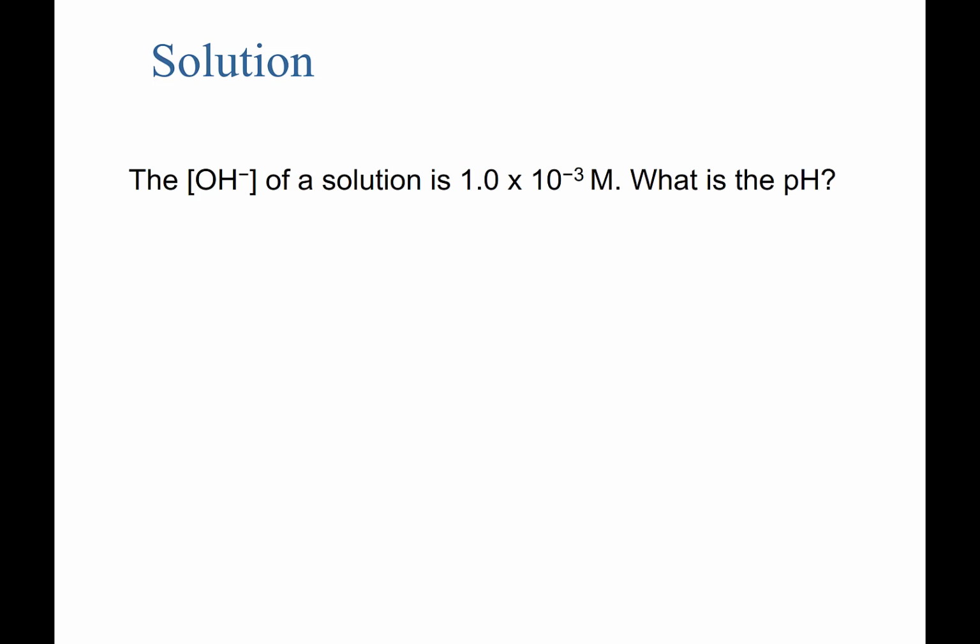Okay, this one says the OH minus is 1 times 10 to the negative third. What's the pH? Well, in order to find the pH, I have to have the H plus, but they're giving me the OH minus. So I have to do like I did in the first video, which was H3O plus times the OH minus concentration gets me 1 times 10 to the negative 14th.